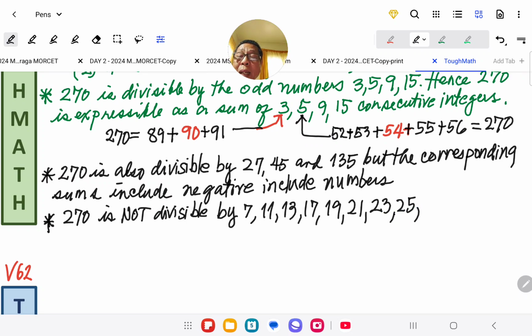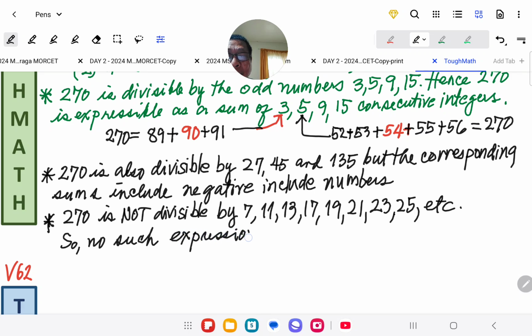Or 27 divides 270, but as I mentioned earlier, the sum would include negative integers, so we do not include them, etc. So no such expression of 270 as a sum of consecutive integers exists.